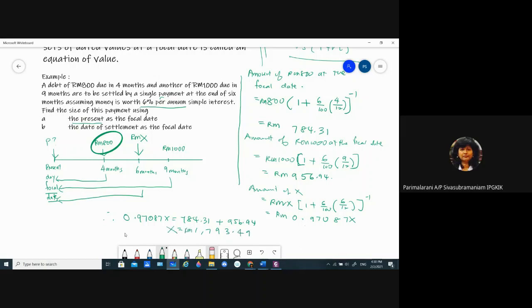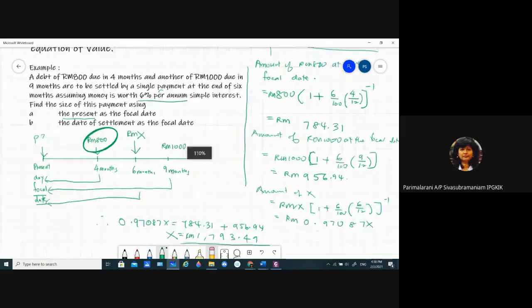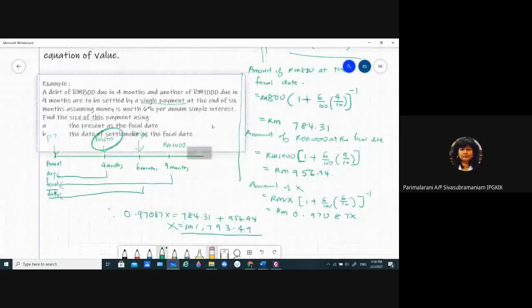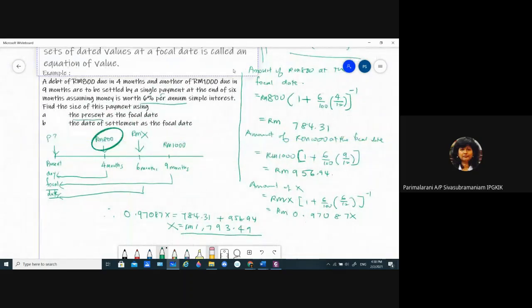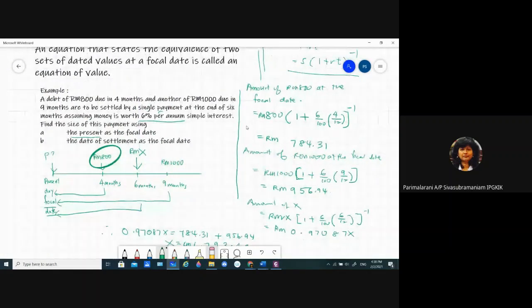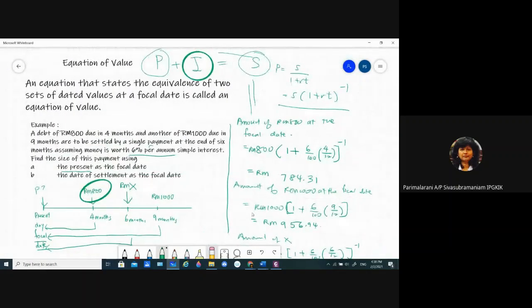Okay, so this is X. If you make one single payment, this is the amount that you must pay. This is called equation of values. An equation that states the equivalence of two sets of dated values at a focal date is called an equation of value.